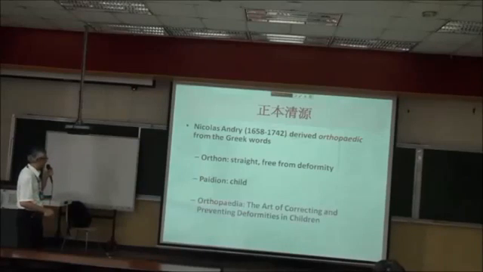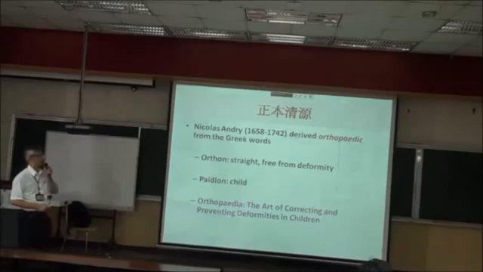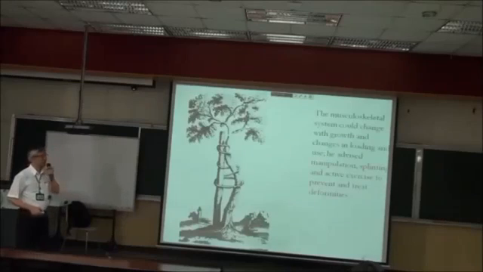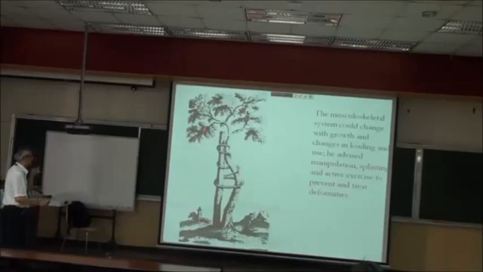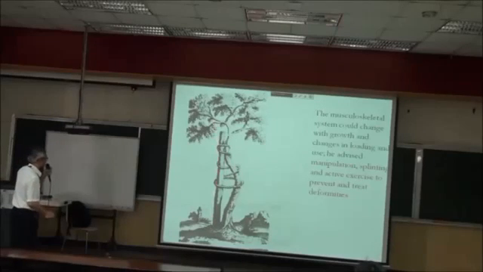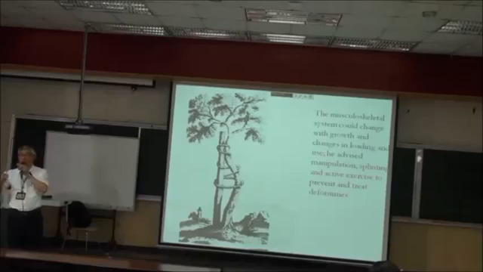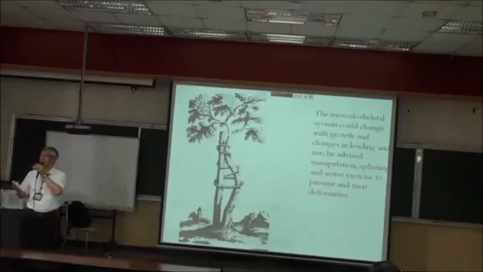So orthopedics is the art of correcting and preventing deformities in children. That's our logo, just like this: you want to correct a deformed tree and use a straight rod to correct it. So at that time, the orthopedic surgeon was only there to prevent deformity.